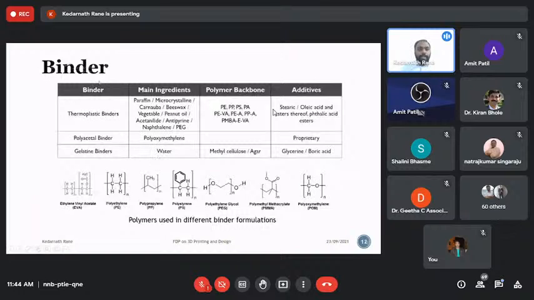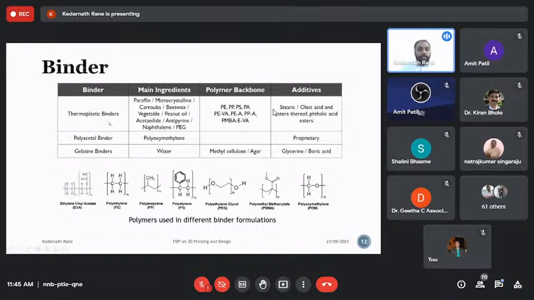When it comes to the binder, which is a required constituent for PIM as well as EAM process, we categorize them into three categories. Brief, because there are n number of binders available. There is a lot of research on pros and cons of each binder, but here it is just a brief.